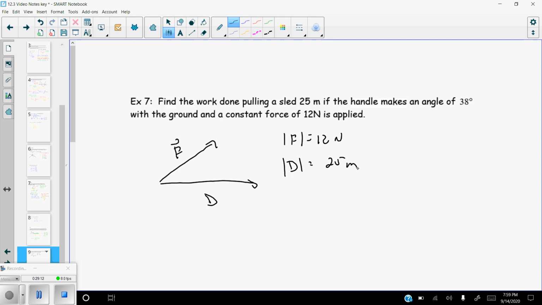So if we're going to multiply those things together, because in this case, they're both already just distances, they're already magnitudes, you're going to get the 12 newtons times 25 meters, oops, not equals, times the cosine of 38 degrees is, and you have to plug this into your calculator, and I believe you end up with 236.4 Newton meters, which is the same thing as a joule. Okay, forgot to put my 38 degrees in between there.